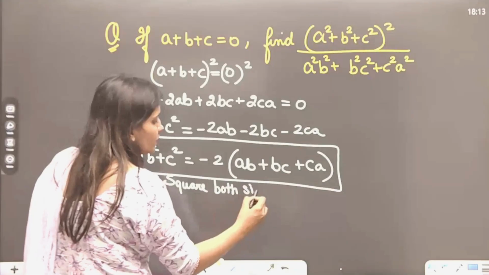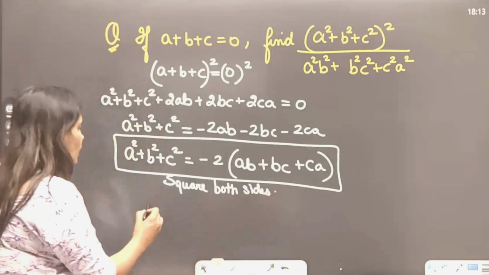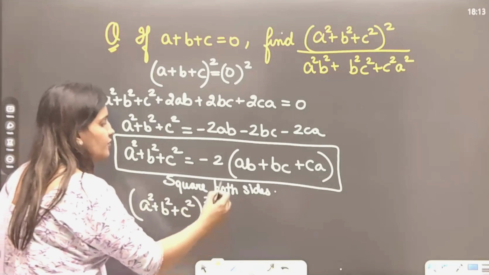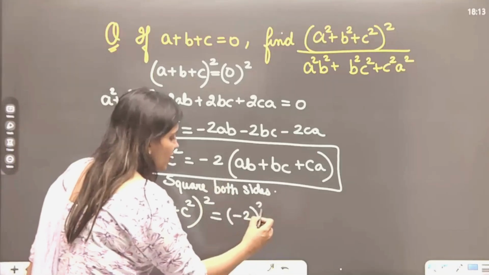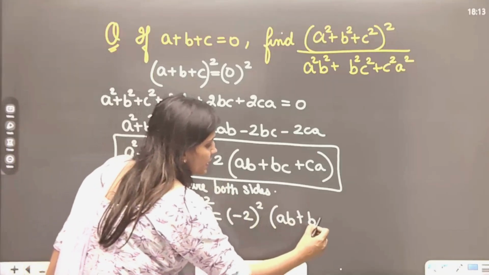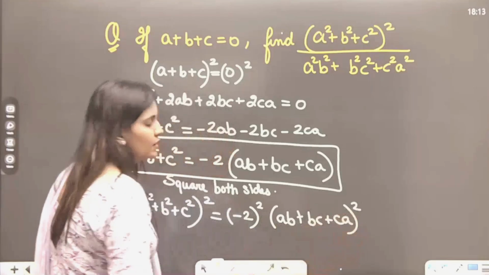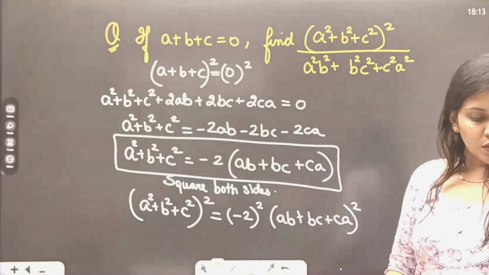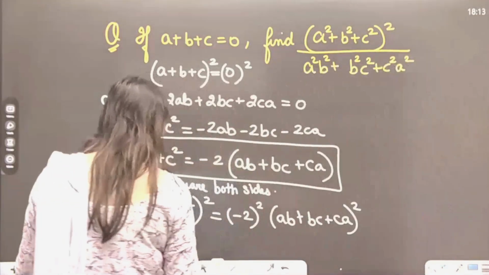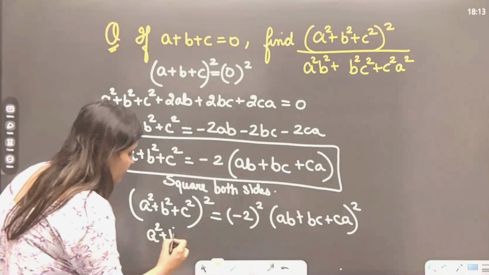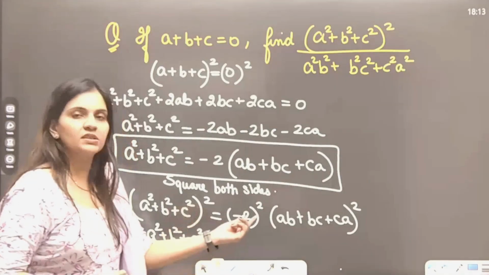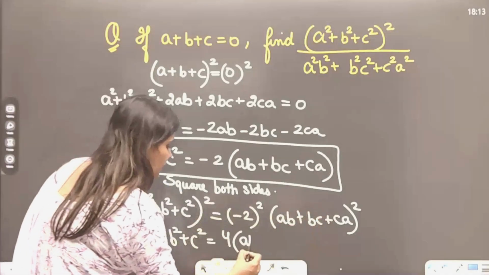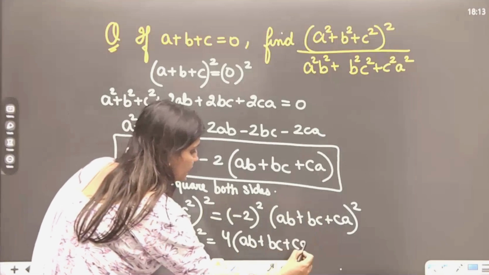Once I square, it becomes (a² + b² + c²)², and on the right, (-2)² and (ab + bc + ca)². So (a² + b² + c²)² = 4 times (ab + bc + ca)², since (-2)² is 4.